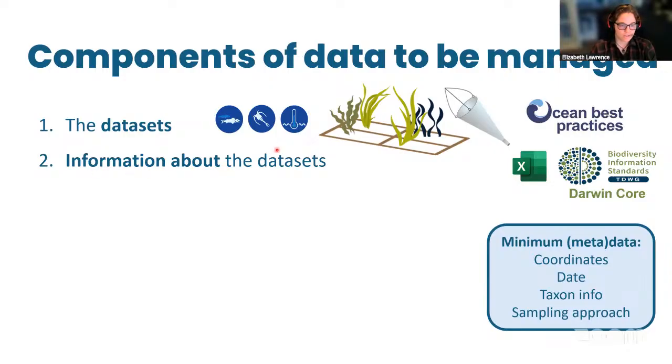This is the information on what variables we measured, with what methods, whether we used any endorsed best practices, and importantly, what data standards we are using to make sure our data is FAIR, especially interoperable, like Darwin Core, which is the International Biodiversity Standard that OBIS data adheres to. I've also noted here a list of some minimum metadata information that we want to make sure our data contains.